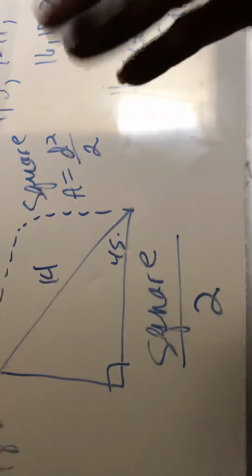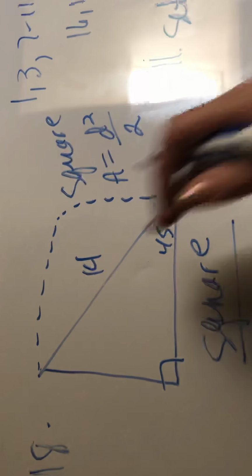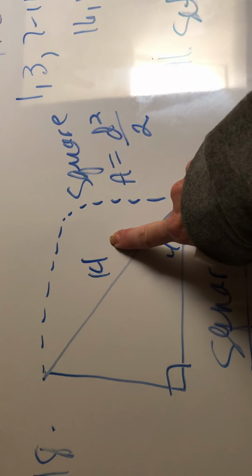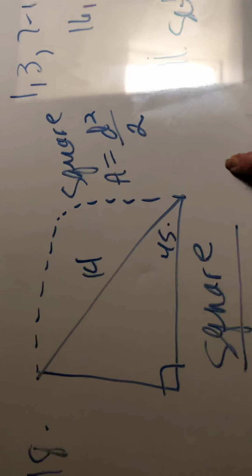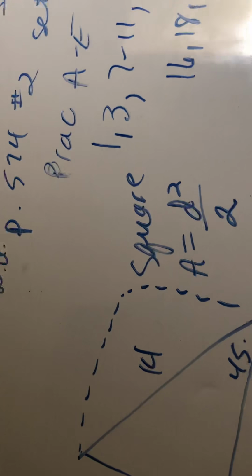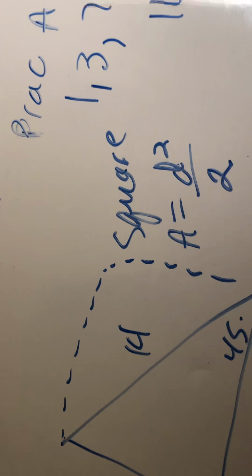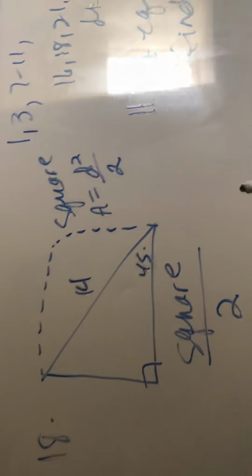So find the area of the square and then divide it by 2 to get the area of that triangle. It's a shortcut, an easier way to do it, and a good way to remember that a 45, 45, 90 is half of a square. You've got the hypotenuse, which means you've got the diagonal of a square. So diagonal squared divided by 2, and then you divide that by 2. And that'll get you the area.